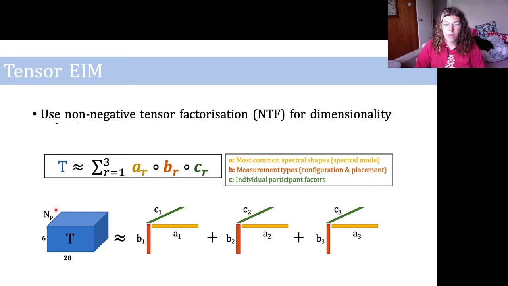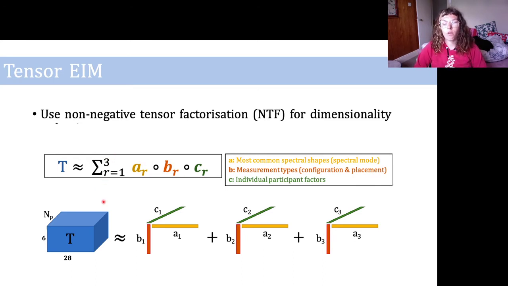And then the final dimension is each individual participant at every time point. And then the non-negative tensor factorization procedure decomposes the multidimensional tensor into a sum of rank 1 tensors. So then the rank of our decomposition is something that needs to be chosen. And so using a rank selection criteria algorithm, I ended up selecting a rank of 3 for the decomposition.